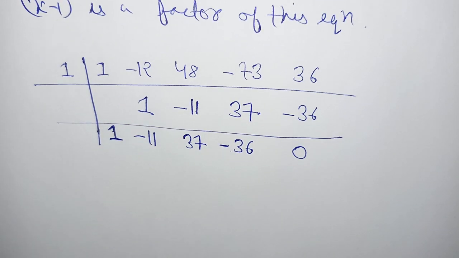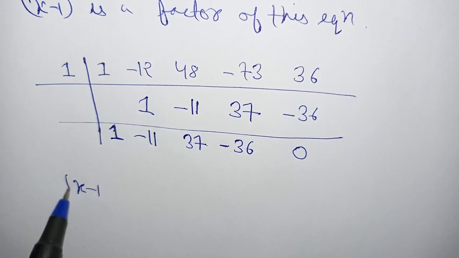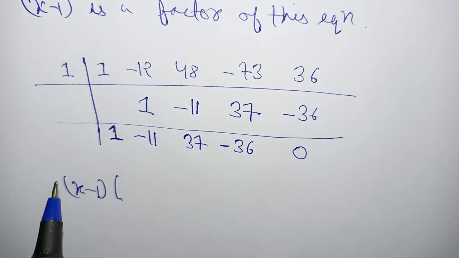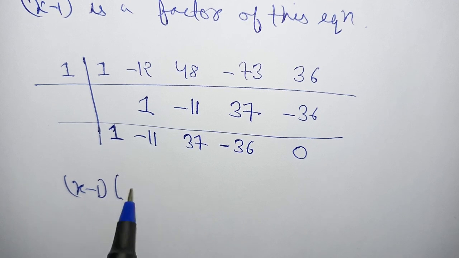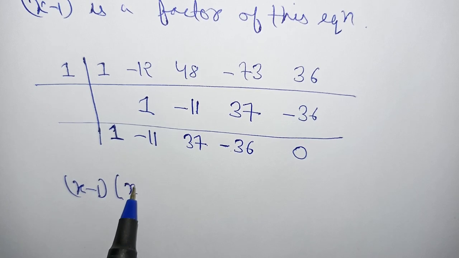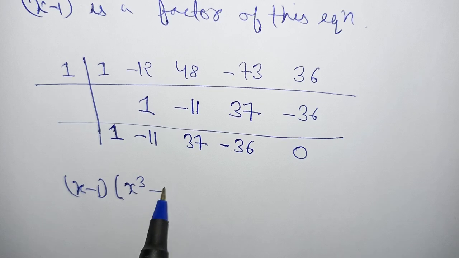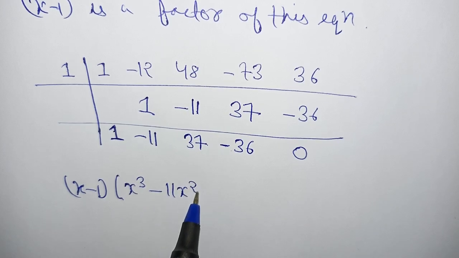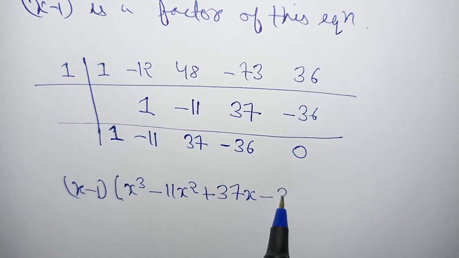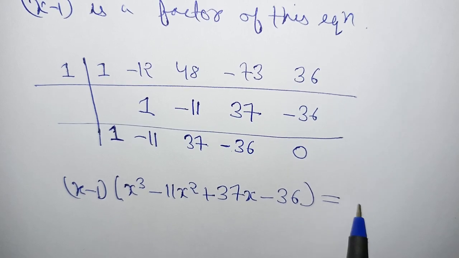So now we write x minus 1 as a factor, and these are our new coefficients of terms having degree 1 less. The first coefficient is 1 for the highest degree of variable, that is x cube, then the coefficient is minus 11 for x square, then 37 for x, and then the constant minus 36, equal to 0.